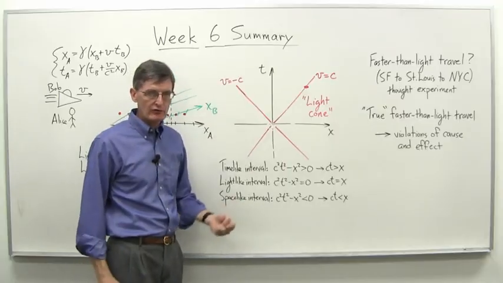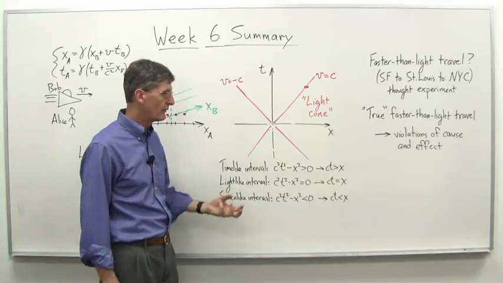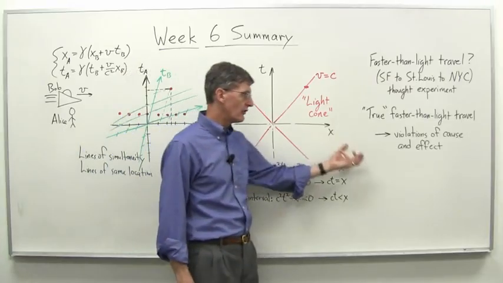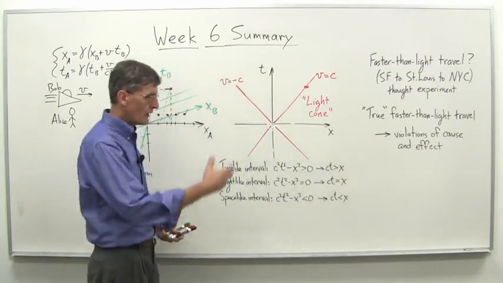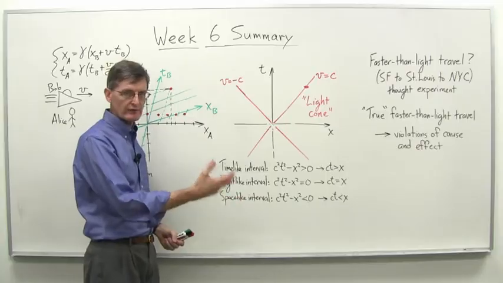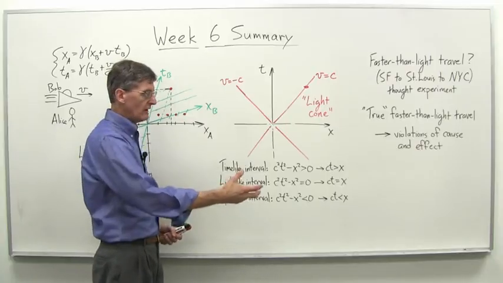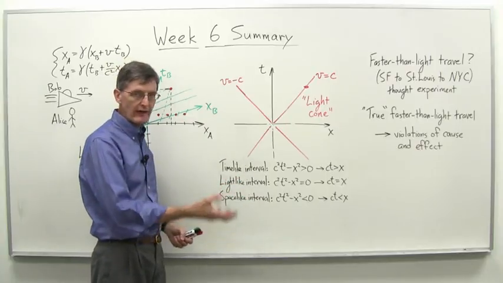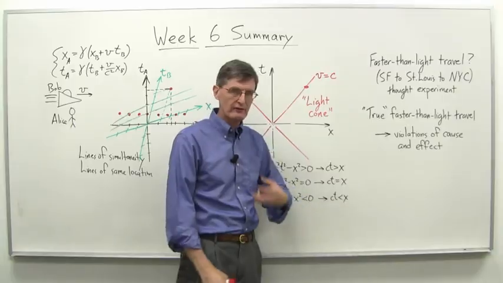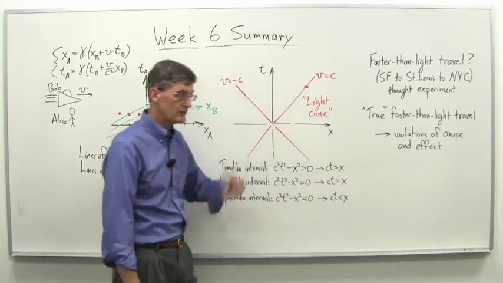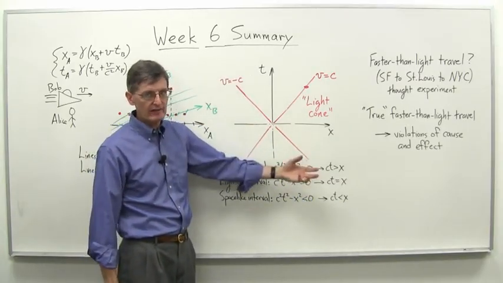What would be the implications of that? We did a simple example with that, and the result was we saw a violation of cause and effect, that the effect of something actually did not happen after the cause, but happened before the cause. The example we gave was an invention of a spaceship that could travel faster than light, and then catch up with another one and do a sneak attack on it.